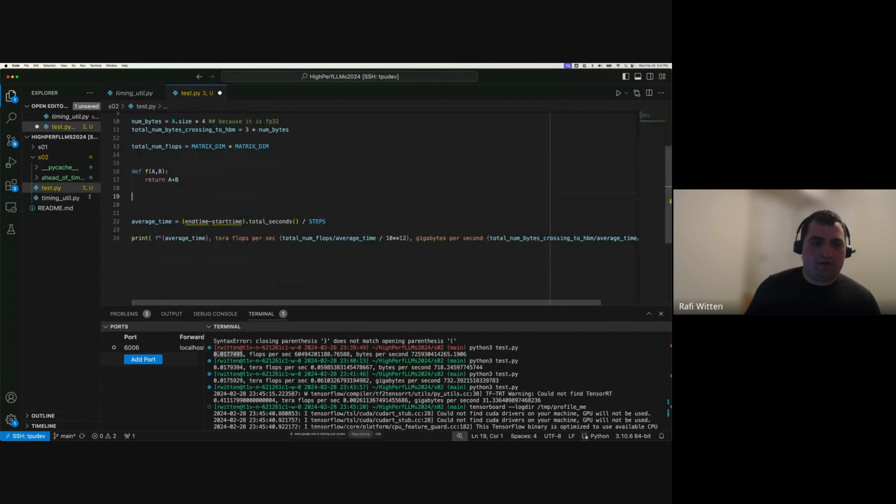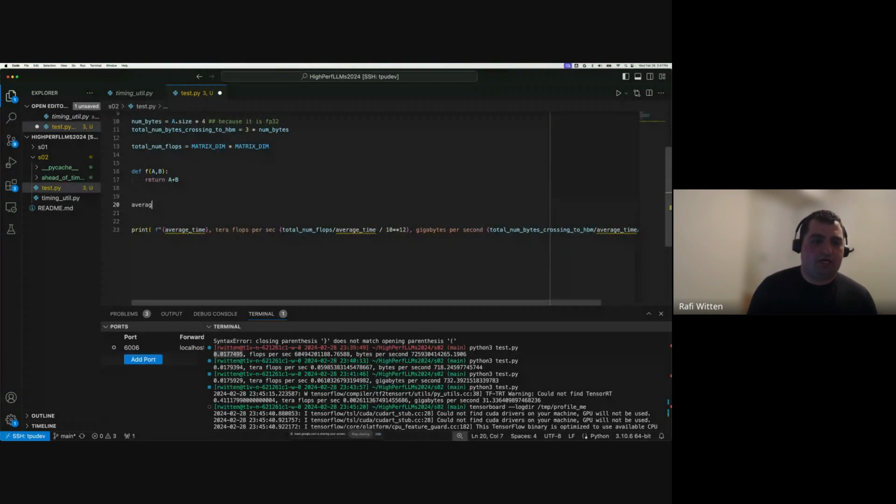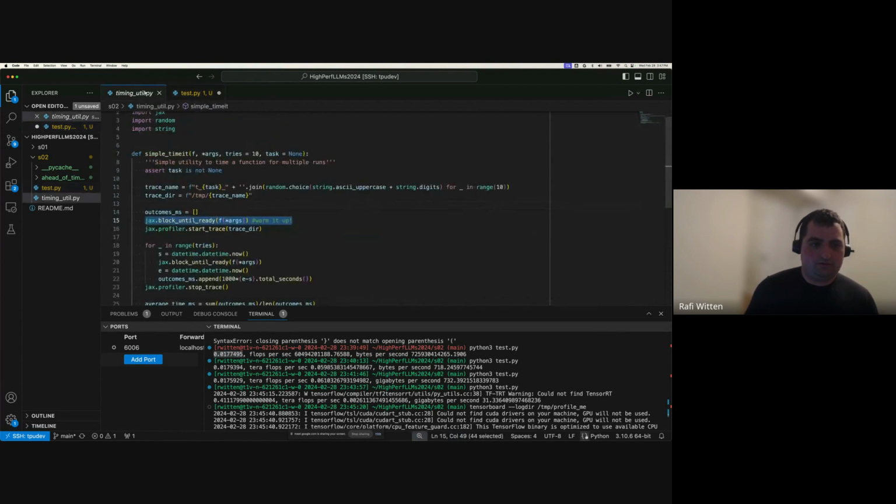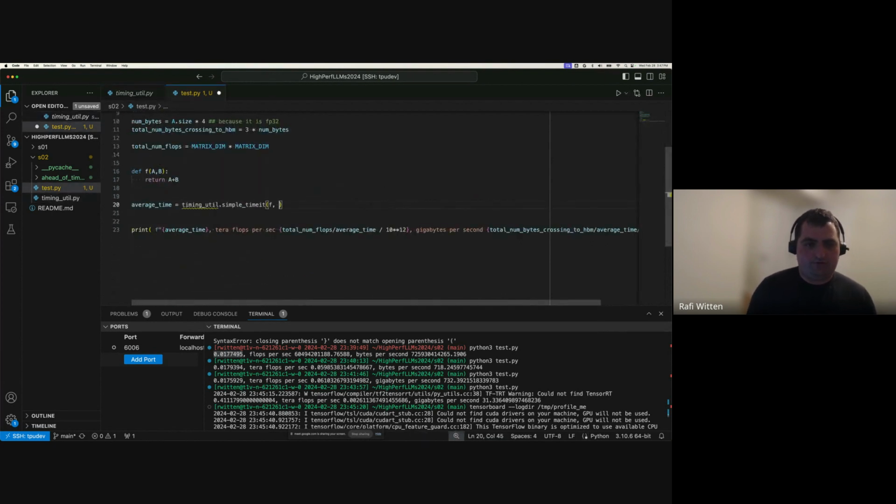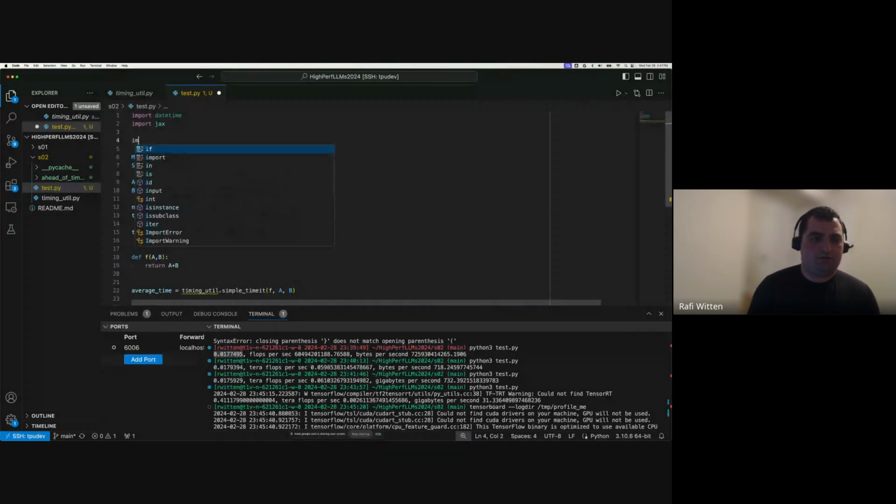So what we're going to do is now run this. We can take this out, and we can do average time equals simple time it. Hopefully I can, timing util. F, and then we have to pass in a and b. We should probably import timing util.